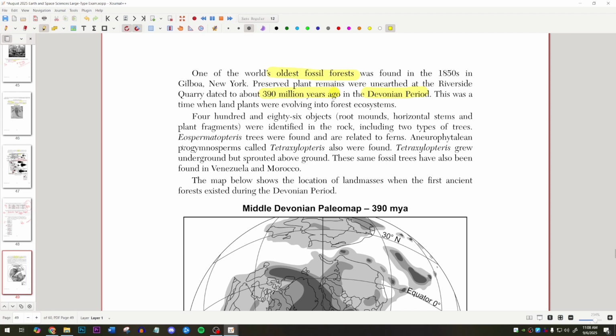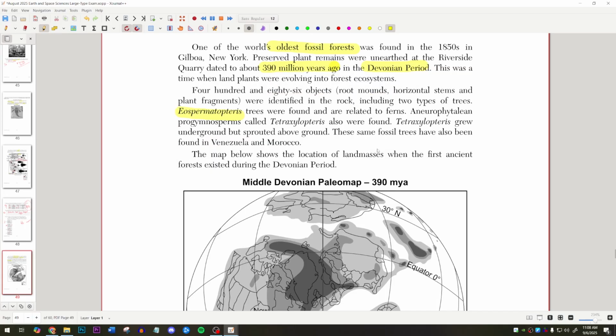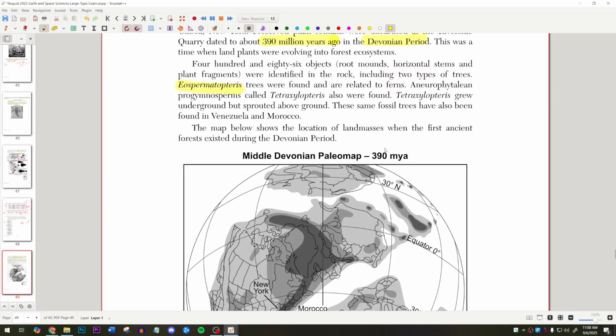That tree was found and related to ferns. That stuff was also found. That stuff grew underground. These same fossil trees have also been found in Venezuela and Morocco. The map shows the location of land masses where the first ancient forests existed during the Devonian period.